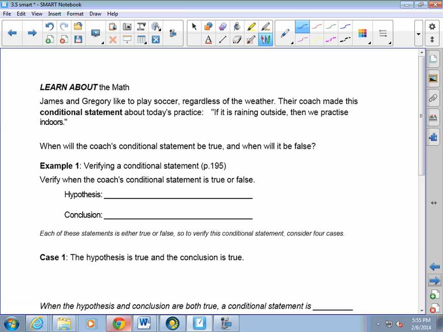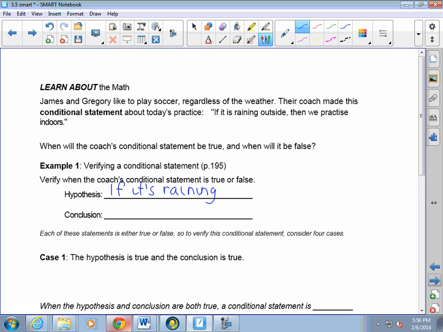So what we need to do is verify the conditional statement. It says verify when the coach's conditional statement is true. So the hypothesis is, if it's raining outside. Okay, so that's the kind of guess or the assumption that they're making.